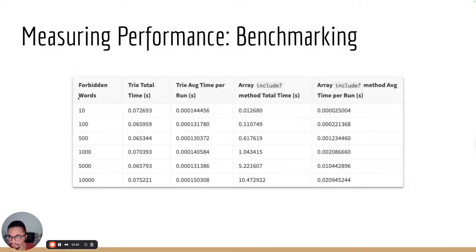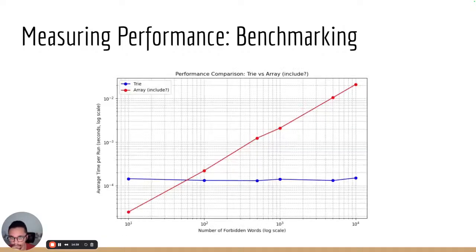We see the trie total time and average time, in comparison with our include method total time and average time to run. I know that's a lot of numbers, but I think the next slide will make the real difference between these two approaches easier to see.